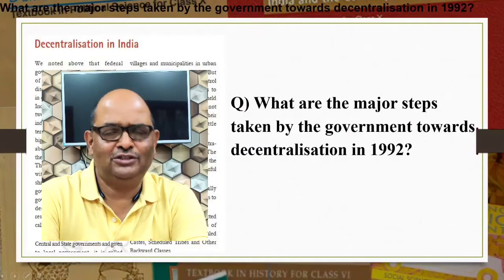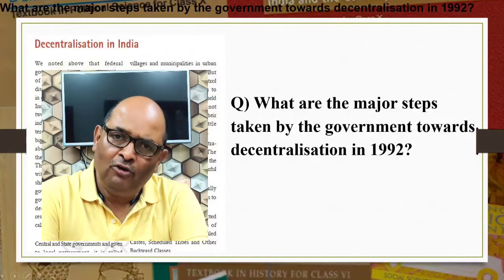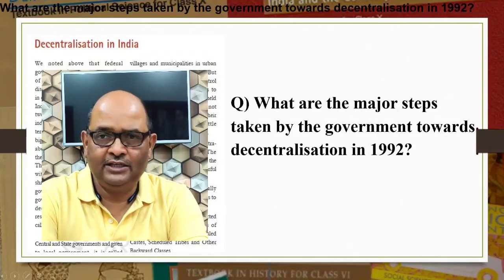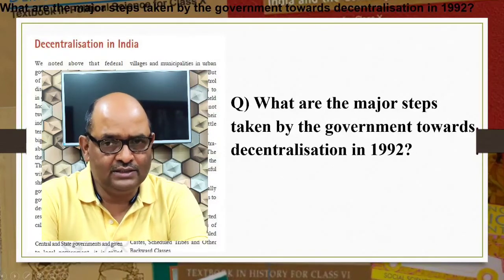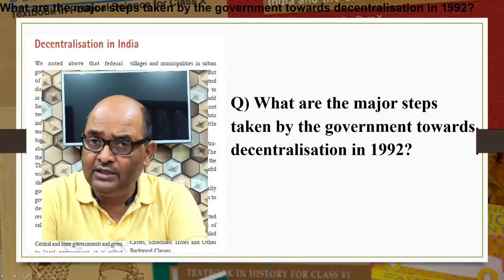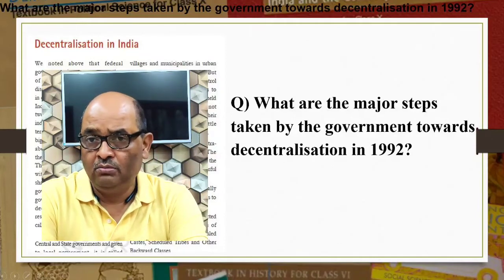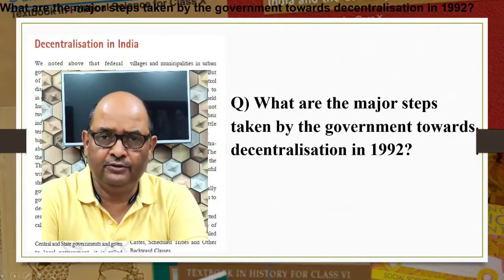Let us now see the subtopic decentralization. What are the major steps taken by the government towards decentralization in 1992? The Constitution was amended in 1992 to make the third tier of democracy more powerful and effective.